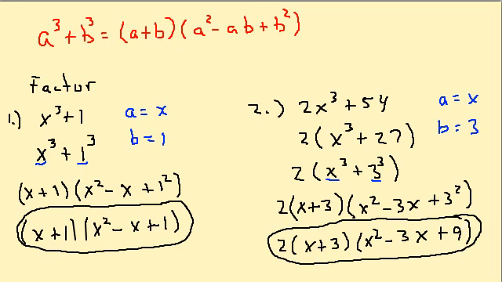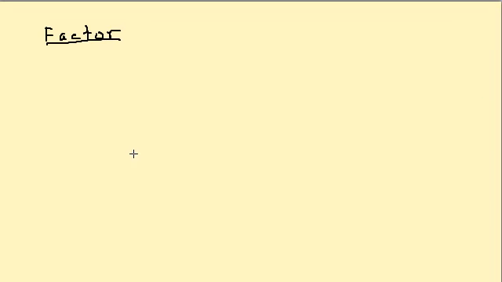Let me go ahead and show you just one more. Let's suppose we have, say, 27x cubed minus 64y cubed.